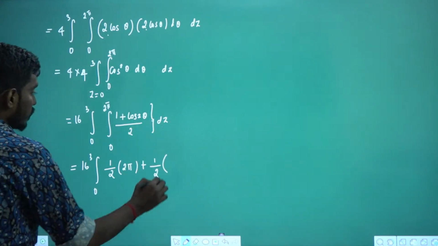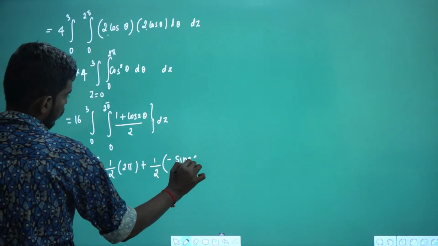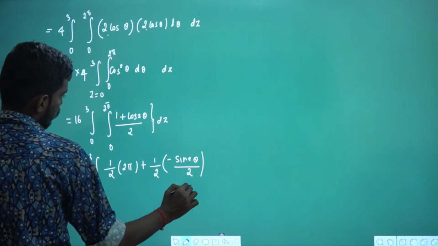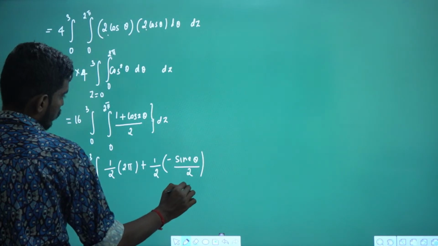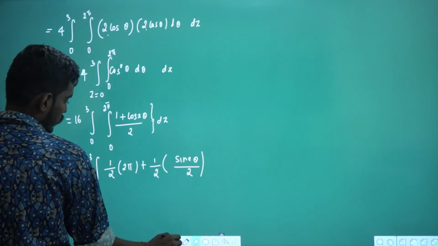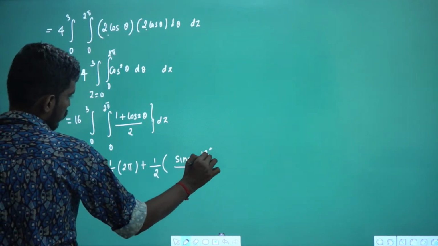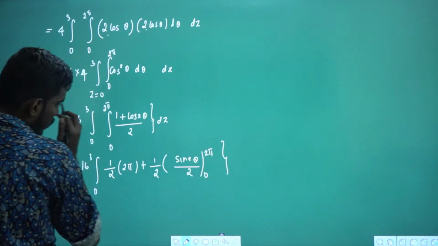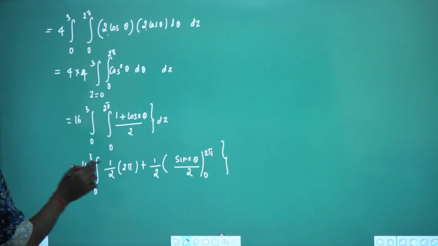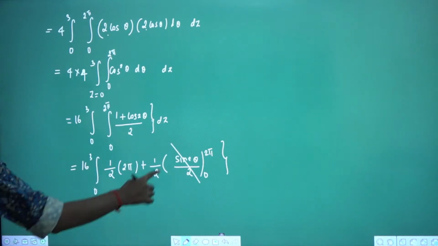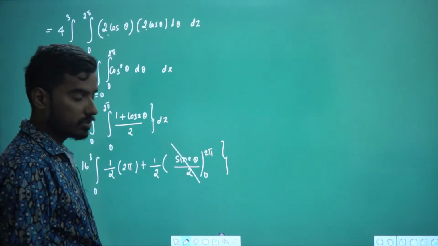Integration is minus sine 2 theta by 2, sorry, plus sine 2 theta by 2, 0 to 2 pi. Right? So this term will be 0 because sine 4 pi is 0, sine 0 is 0.